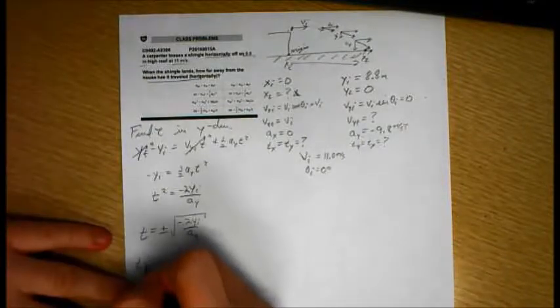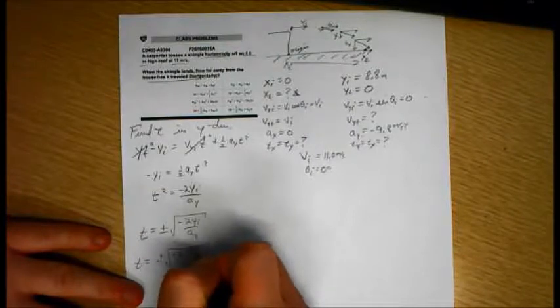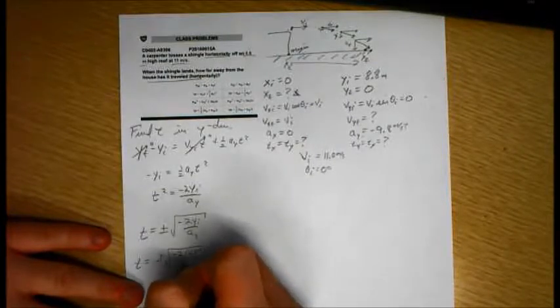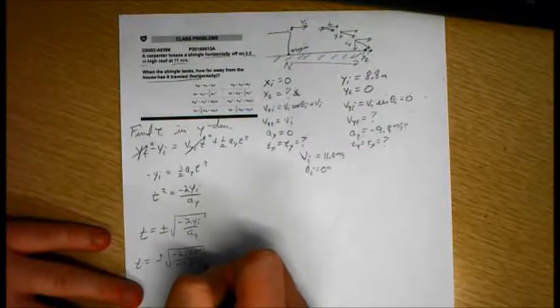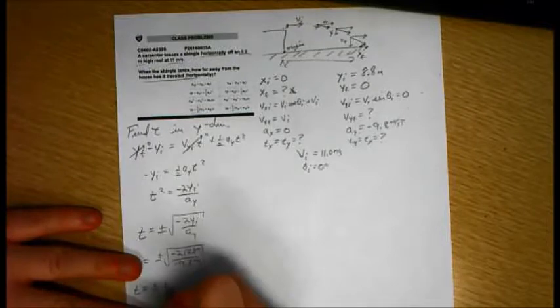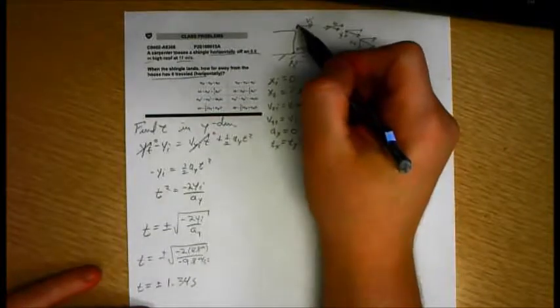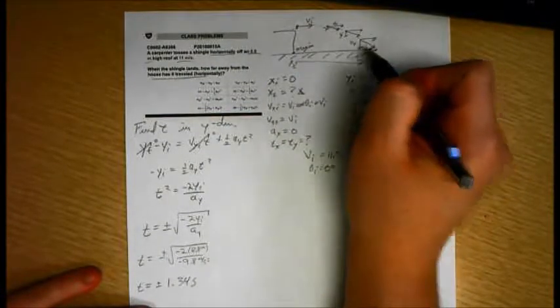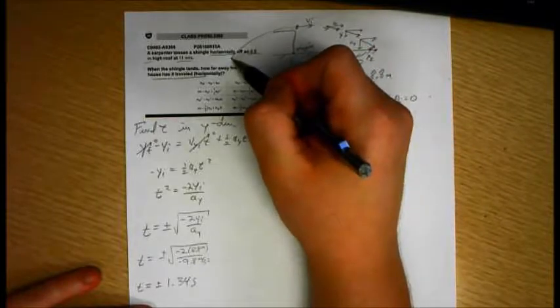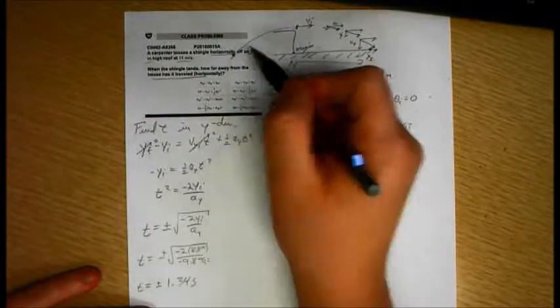You can put the numbers in. Let's do that. So plus or minus the square root of negative 2 times 8.8 meters over negative 9.8 meters per second squared. So the time equals plus or minus 1.34 seconds. Well, the negative solution isn't going to be relevant here because the negative solution means when does y equal 0, and if you back this parabola upwards, it equals 0 at some negative time point, negative 1.34 seconds.